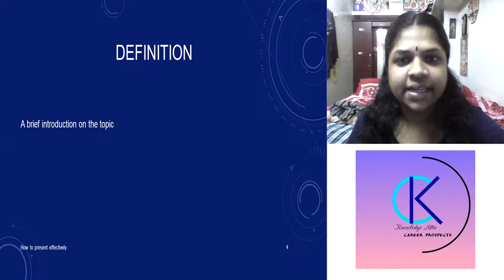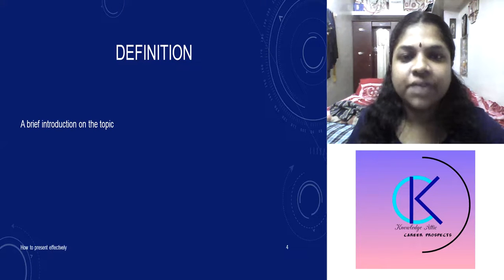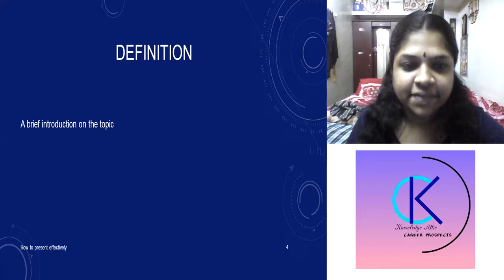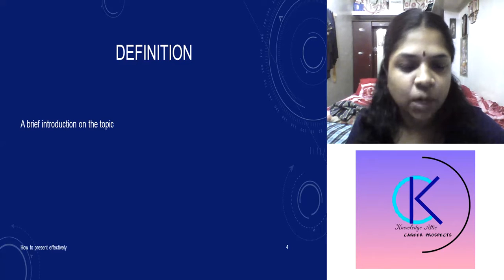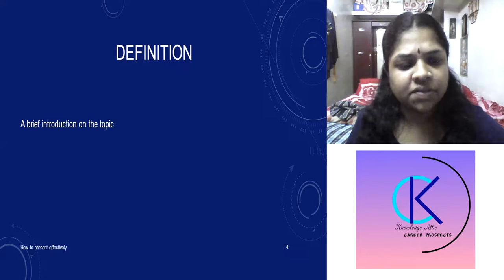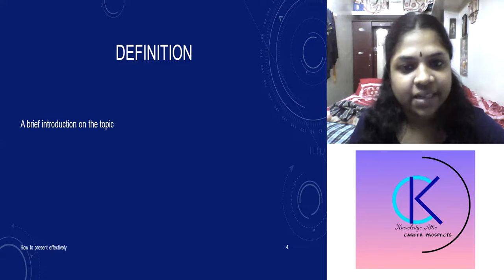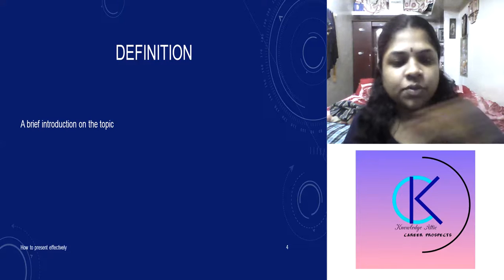The next slide is, as I mentioned, the introduction, definition, or whatever is there, a brief introduction on the topic. Earlier I mentioned you shouldn't read out the points. But in the case of a definition, which is mainly what is said by some author, you can just read it out, so that this is how the term has been defined. You can use the definition, break it into simple language and tell the meaning to the audience.